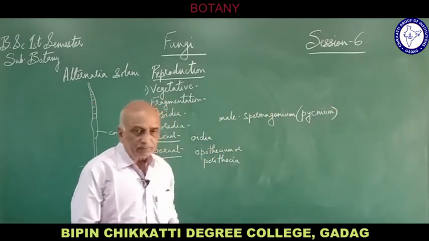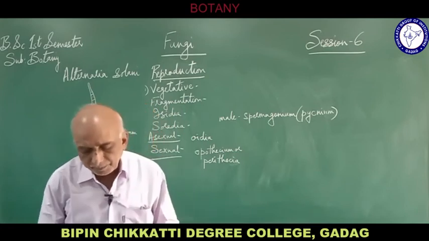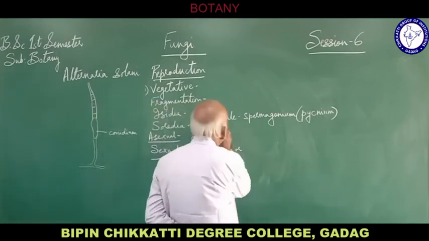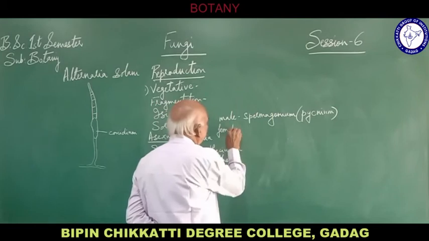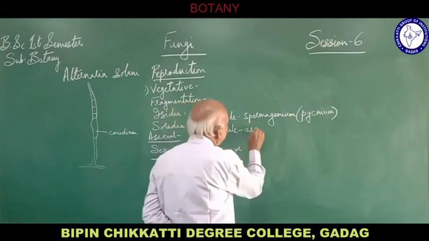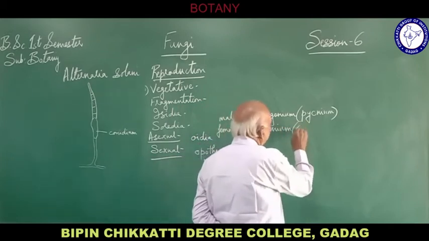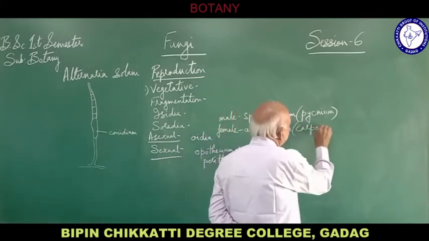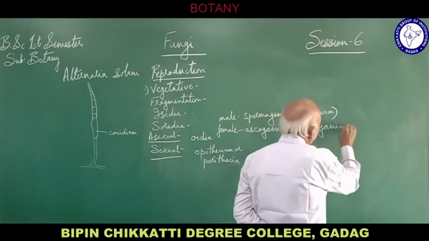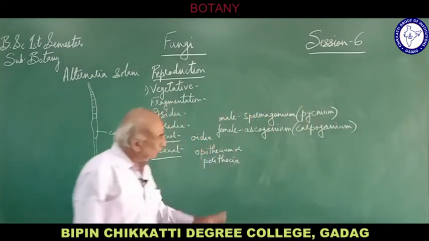And the female reproductive part is the ascogonium, which is also called the carpogonium. So this is the female reproductive part of the lichen.